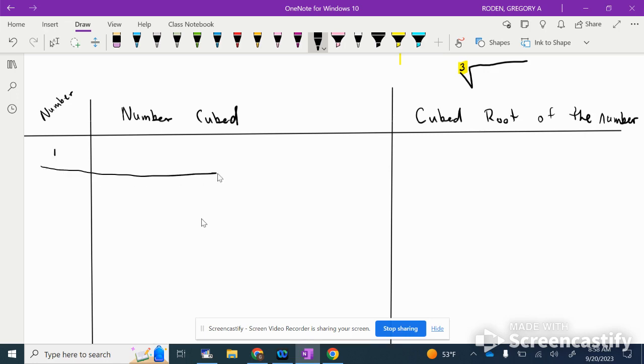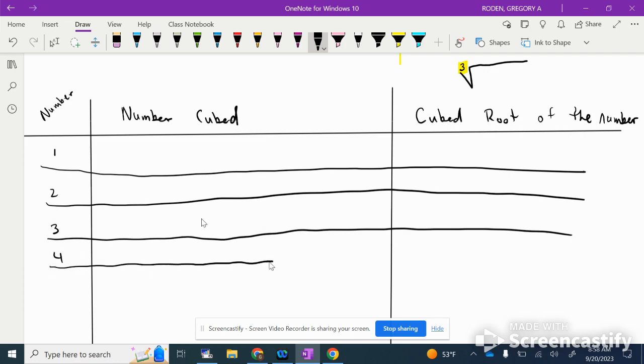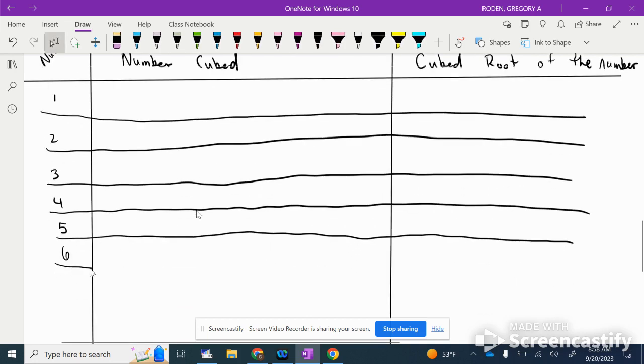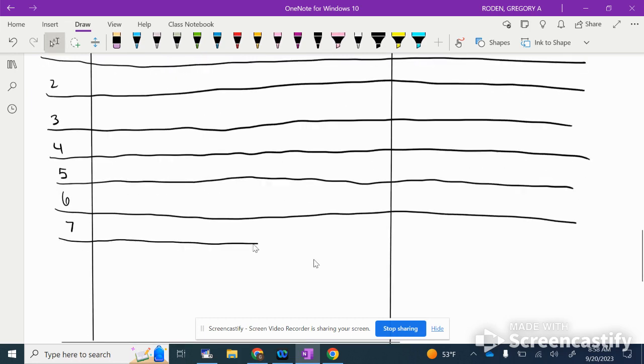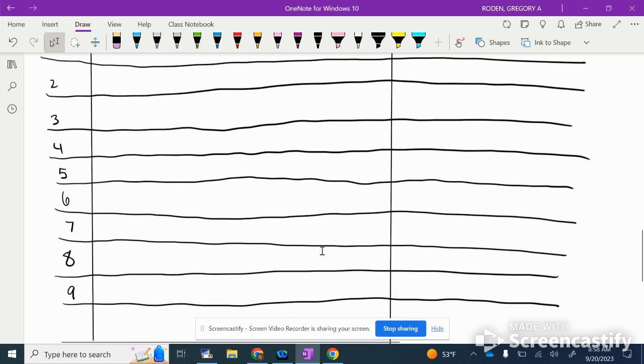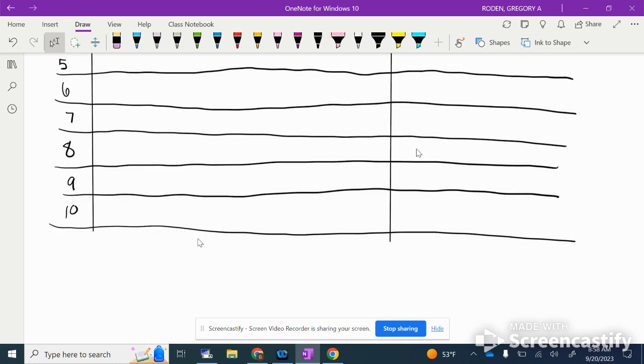So we have 1, 2, 3, 4, and everyone's doing this with me, 5, 6, 7, 8, 9, and 10. Now, you may have already built this in another class, so this is just good to review.